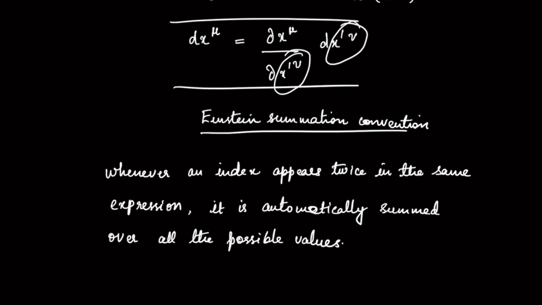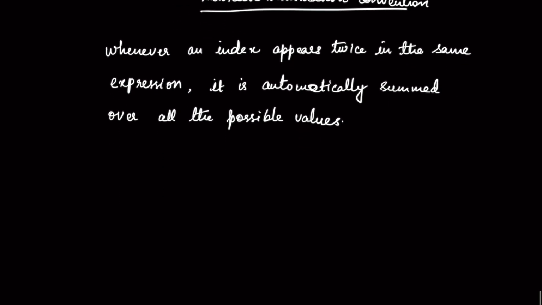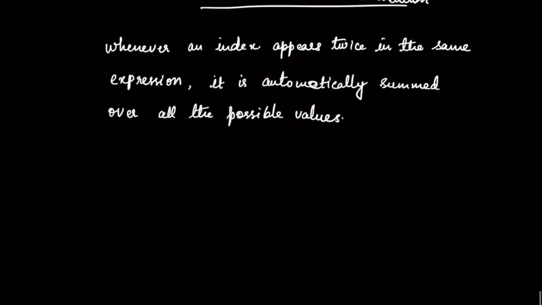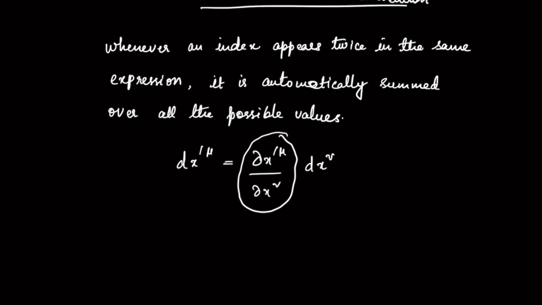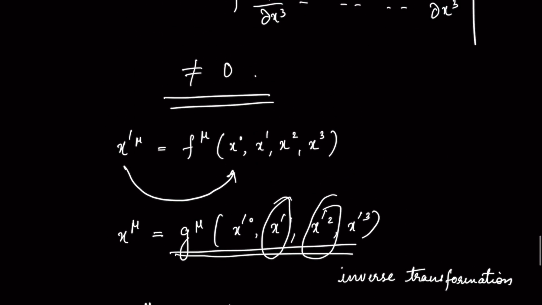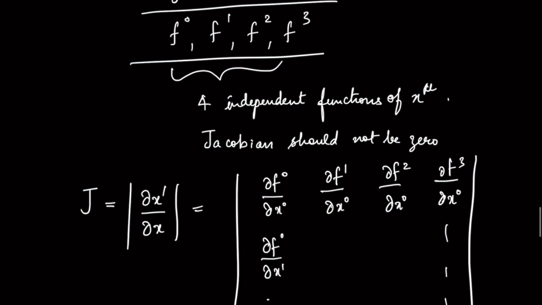Similarly, I can write the total derivative of x prime mu as partial derivative of x prime mu with respect to unprimed x nu, dx nu. Now this quantity we have already defined in the Jacobian, dou x prime by dou x.